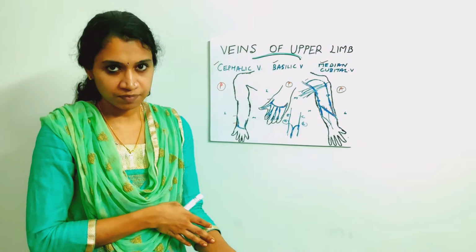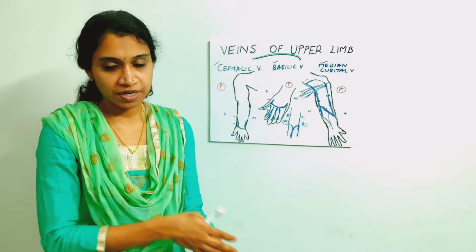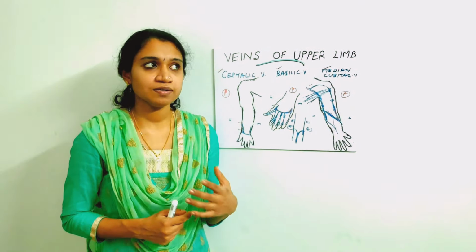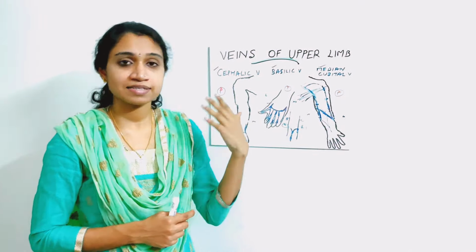Then coming upwards again, there are venae comitantes accompanying the radial arteries, ulnar arteries, and brachial arteries. So we can say the brachial veins accompany the brachial arteries. And finally, we have the axillary vein, where only one axillary vein is there. Now we'll be discussing the axillary vein in detail.